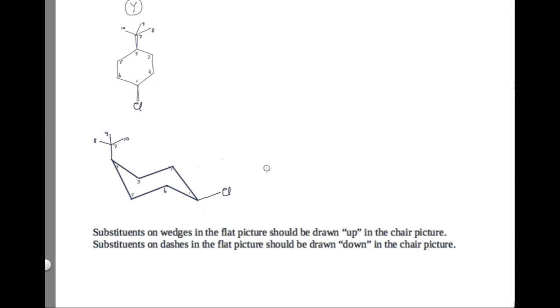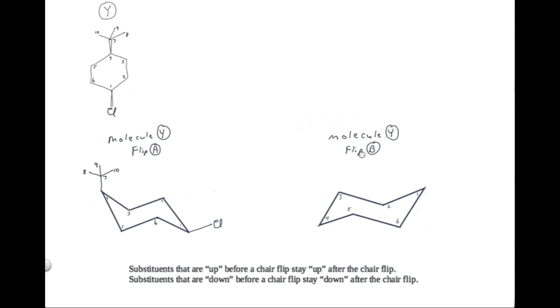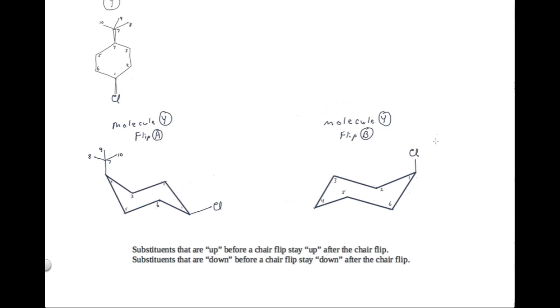Now let's do the chair flip. Here's the outline of the chair flip for this molecule. Notice that in this picture, carbon 4 is pointing up as the headrest, and in this picture, it's flipped down to be the footrest. In this picture, carbon 1 is pointing down as the footrest, and here it's been flipped up to be the headrest. Now we have to move the substituents over. The chlorine was up in this chair flip, and therefore the chlorine should stay up in this chair flip.